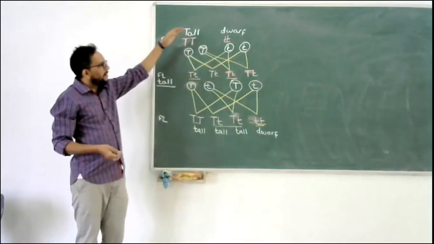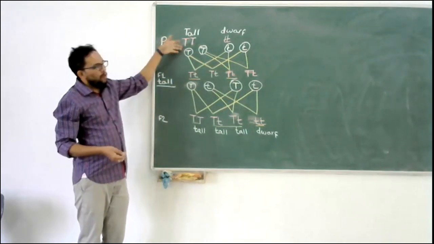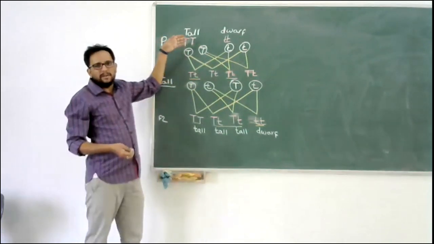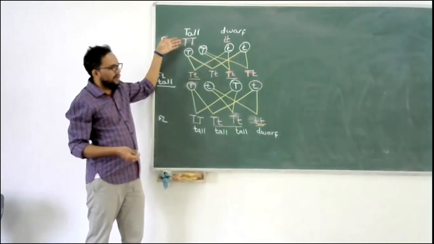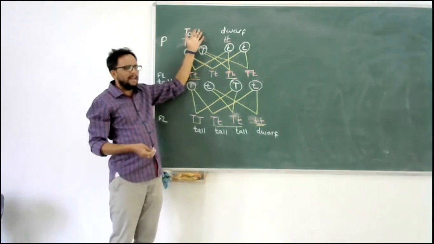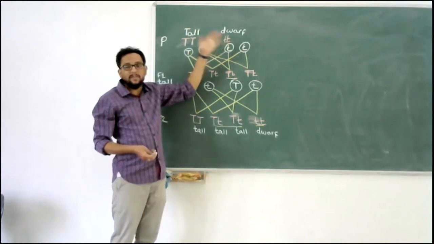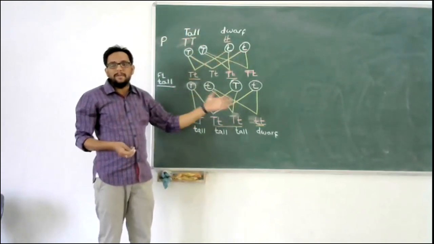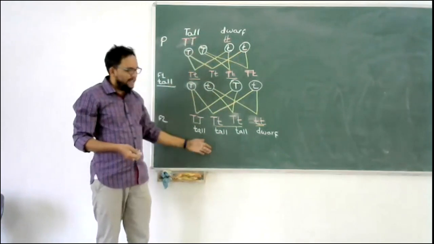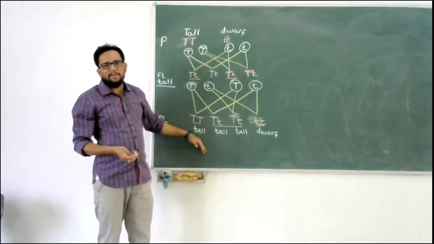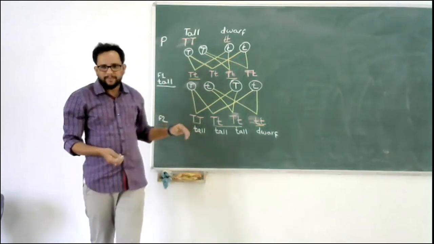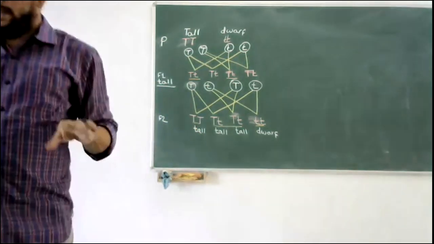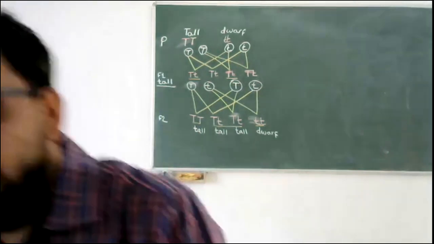So you can take any two homozygous breeds, whether homozygous dominant for a particular character and homozygous recessive for the alternative form of that character, and you will get the same genotype ratio and phenotype ratio in the next generation. Does anyone have any doubt?